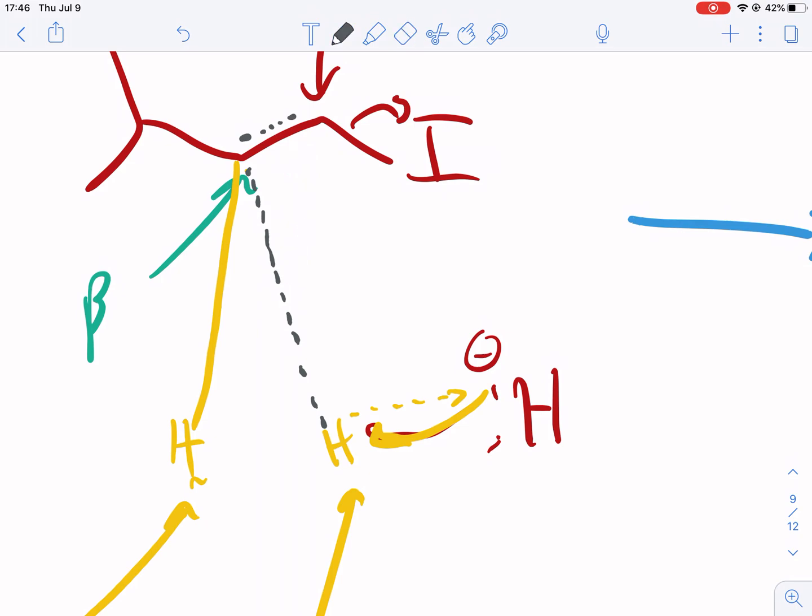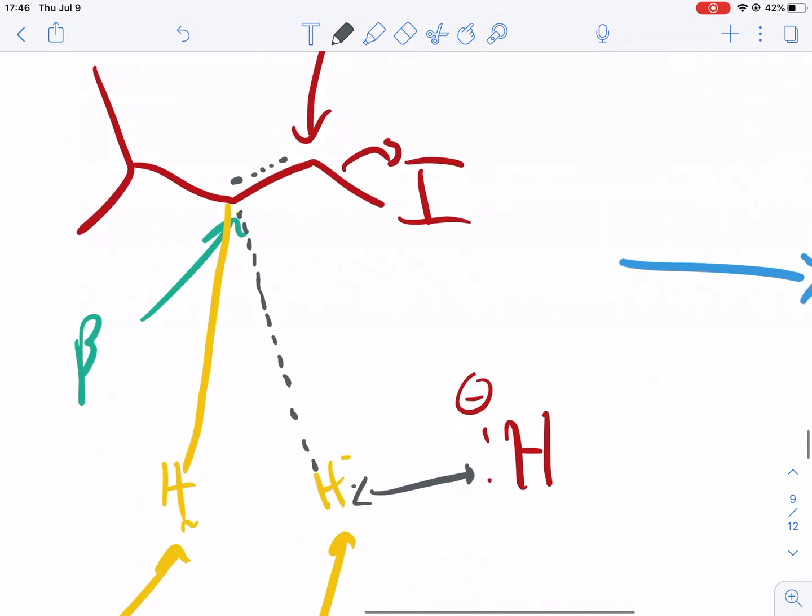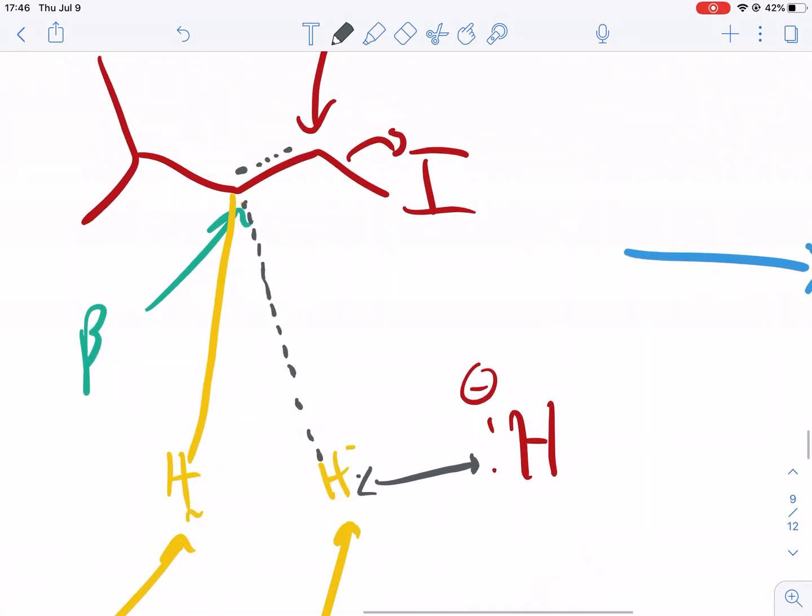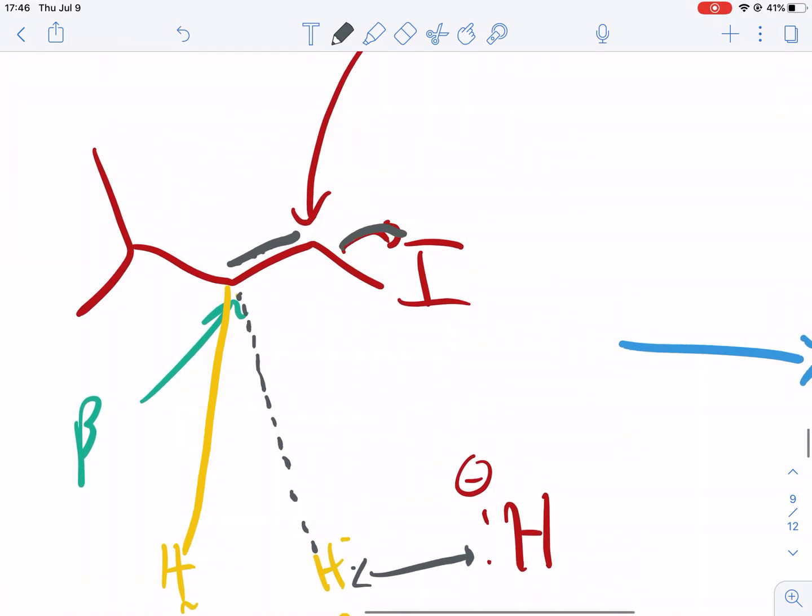That bond breaks, and the bond that was there breaks, this new bond forms. And when this new bond forms, this bond breaks, and those electrons go to the iodine.